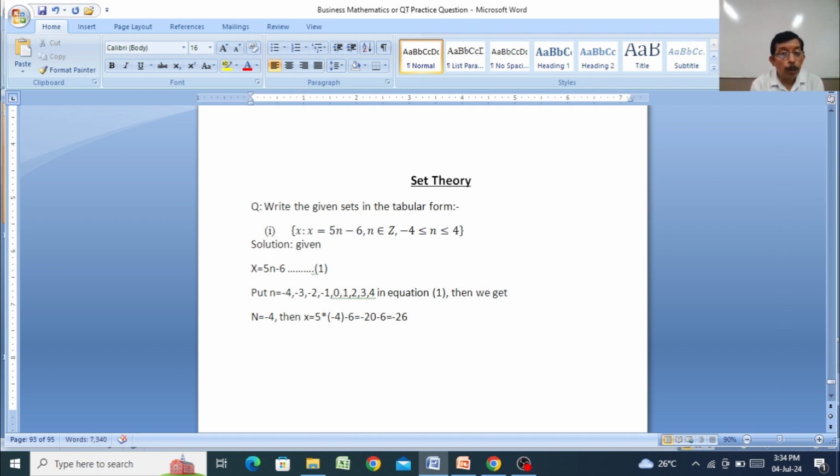First we put n equal to -4, then -20 minus 6 gives -26.